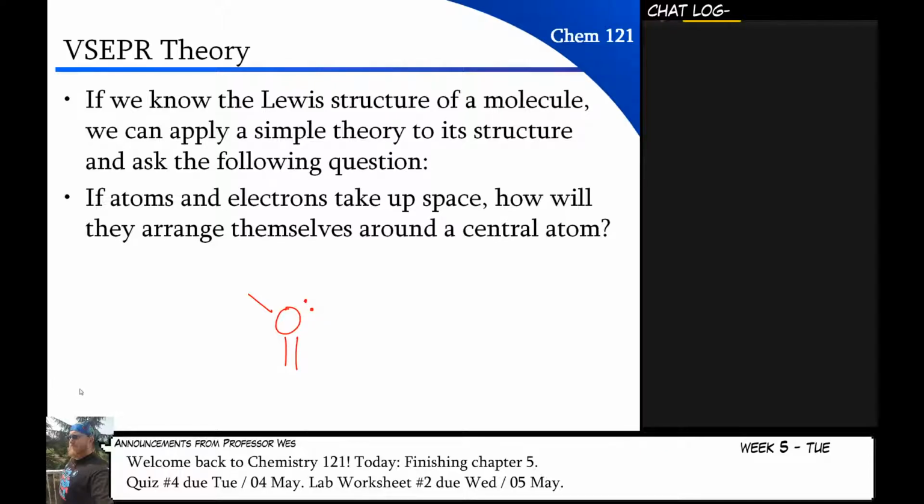And so what I could say is, all of these things have electrons. So there are electrons in here, because remember, a bond drawn as a line is 2 electrons, right? This right here is 2 electrons. And each of these lines here is 2 electrons.